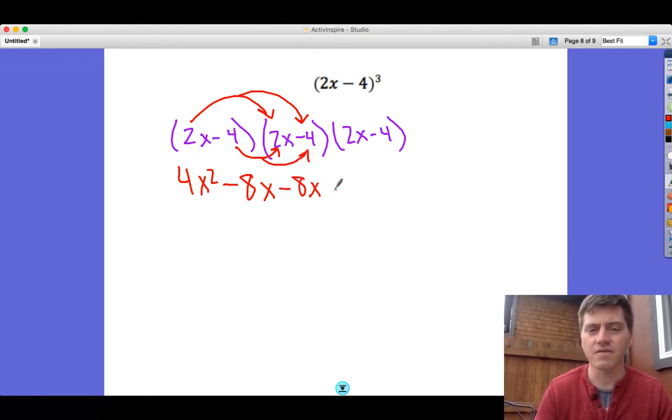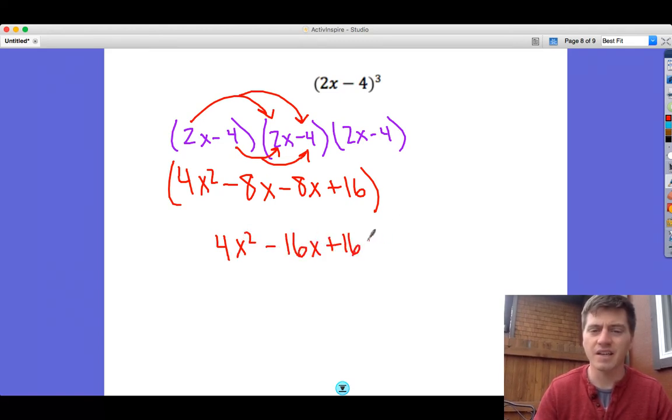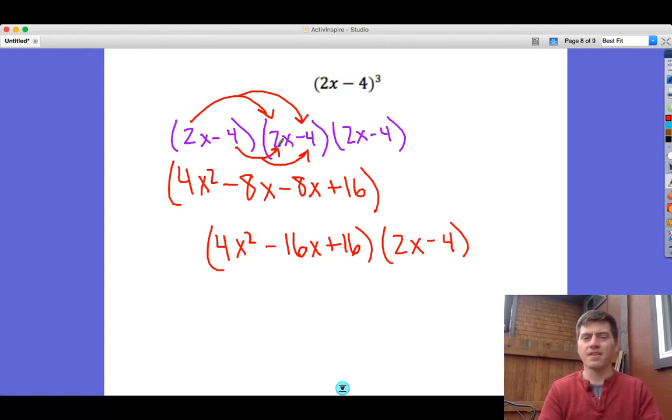Negative 4 times negative 4 is positive 16. So that will be 4x squared minus 16x plus 16. And that's still multiplying the original 2x minus 4, right? So we multiplied these two to get this. We still have to multiply by it one more time.